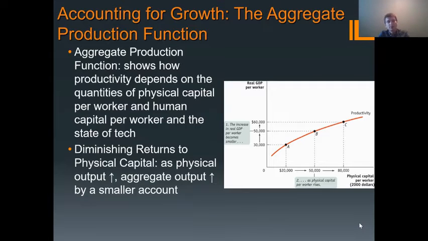So as your physical capital increases, your aggregate output increases by a smaller amount. As you add more and more physical capital, your workers can use it, but it's only going to increase their productivity by a smaller and smaller amount as they go. So, in other words, diminishing returns as you add more physical capital. You do need a sort of balancing where you have more humans to fill that physical capital, or you need better technology. That's really what you're looking at there.